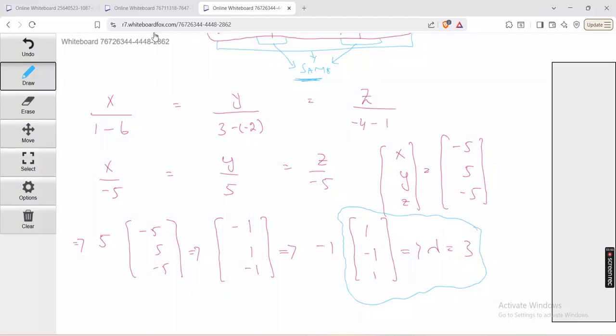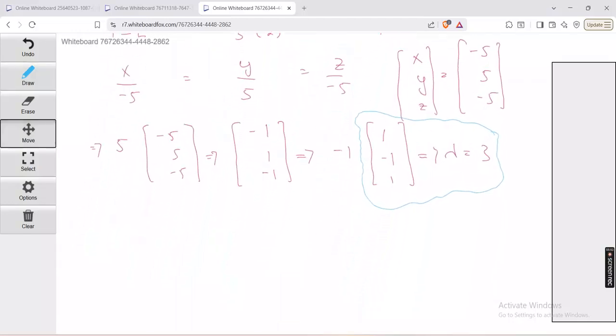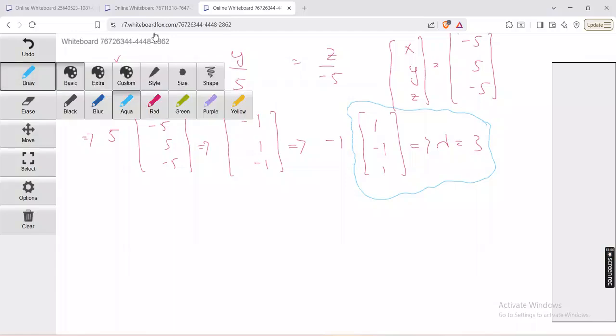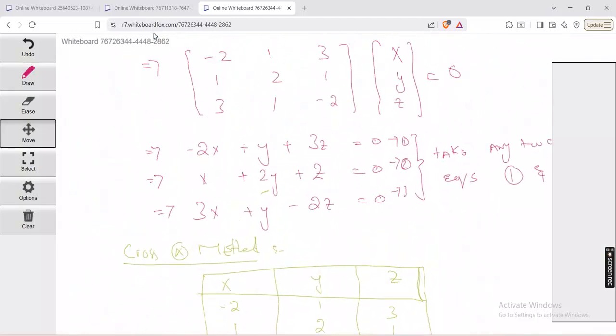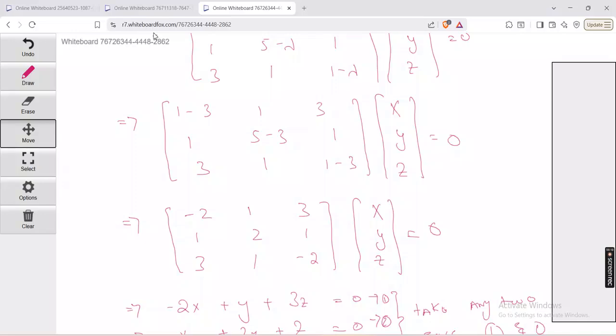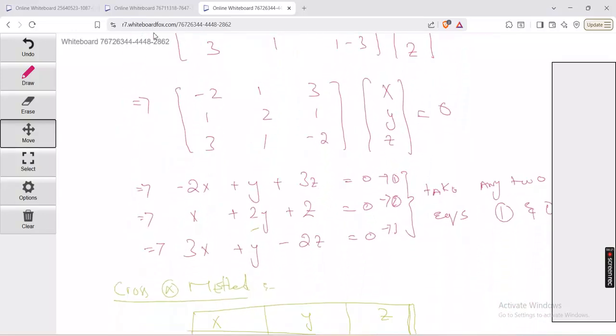Now for lambda is equal to 6. For lambda is equal to 6, I will write here the same steps you have to do. This is just from this matrix.